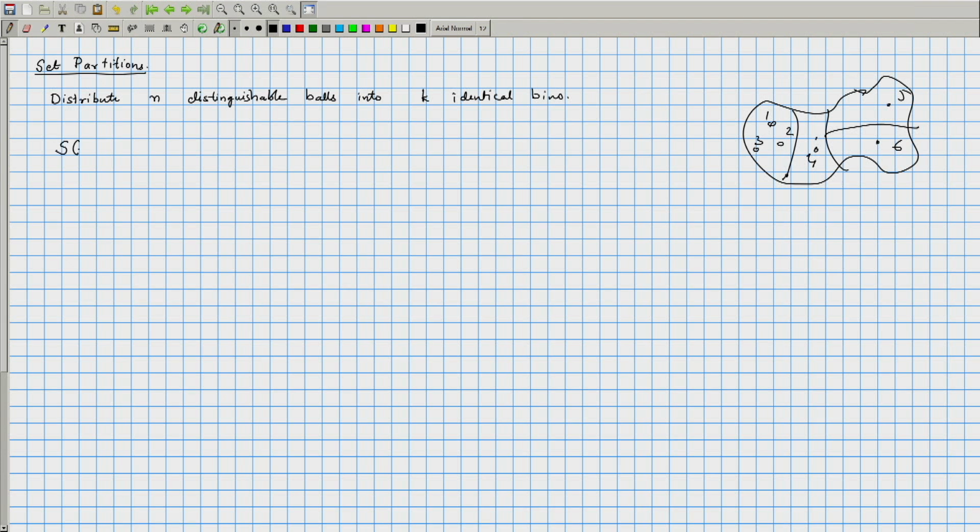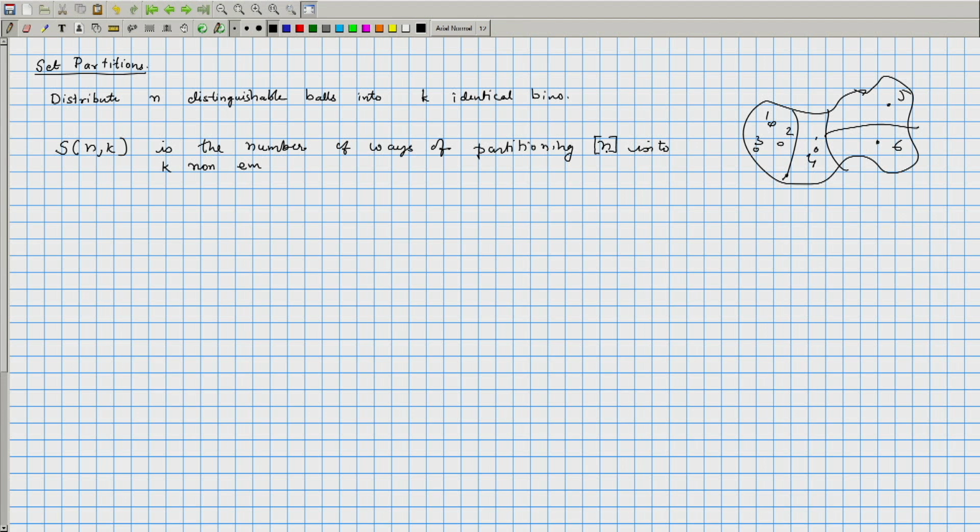So, by S(n,k) what we mean is the number of ways of partitioning [n] into k non-empty subsets.